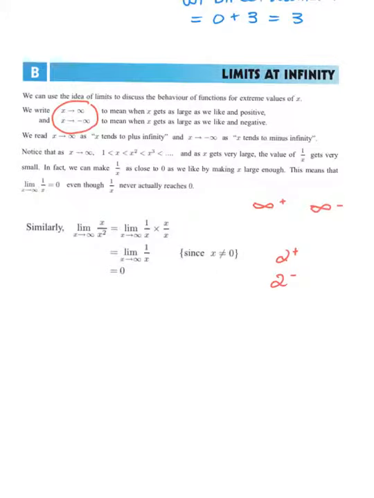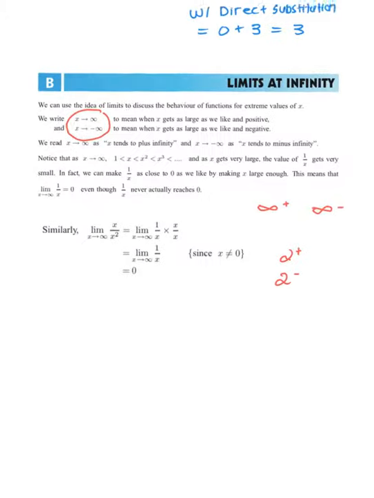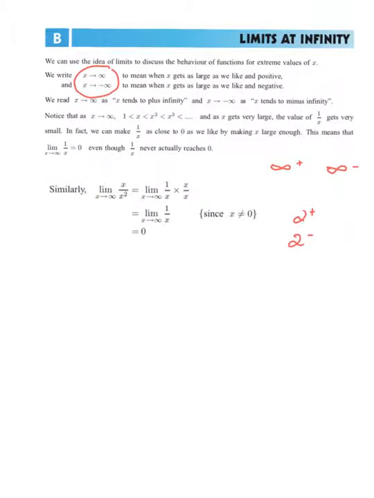Now, let's take a look at an example here. If we look at the limit of 1 over x as x approaches infinity, that's 0. Because as you make the denominator larger and larger and larger, what's happening to your fraction?